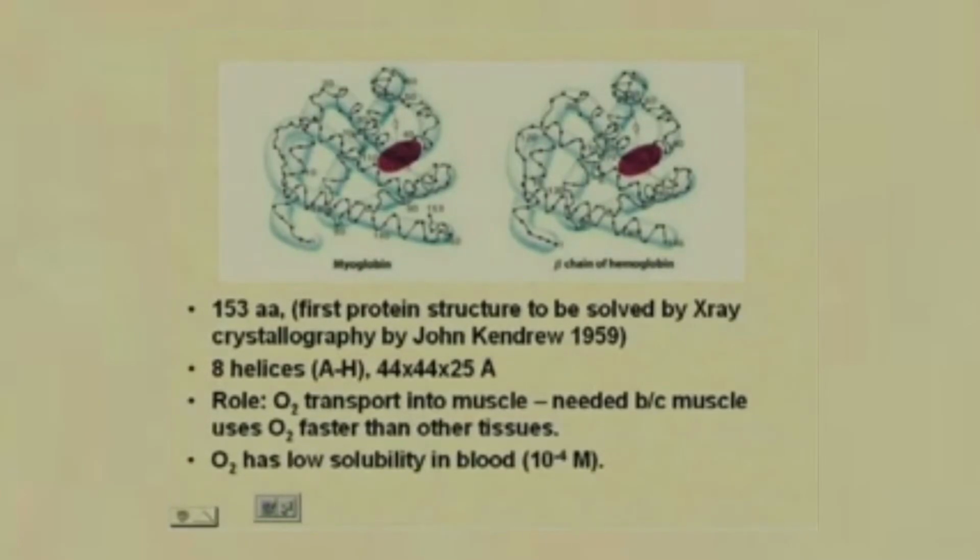But the difference between myoglobin and hemoglobin is that myoglobin is a monomeric protein, whereas hemoglobin is a tetrameric protein. It has 2 alpha chains and 2 beta chains. Okay? It is a tetrameric protein, but if you look at the beta chain, it has a very similar structure to the myoglobin, and this is the heme portion of the molecule.